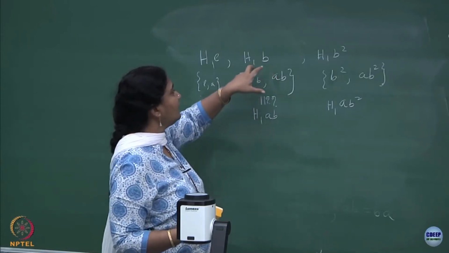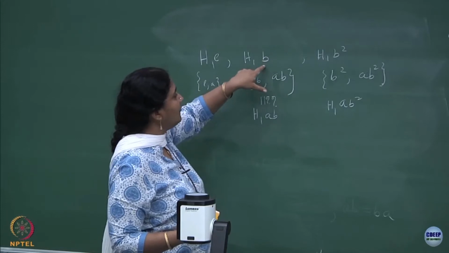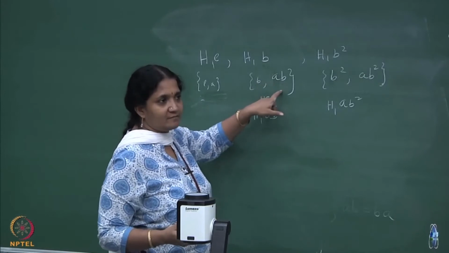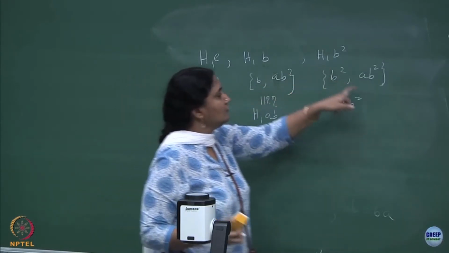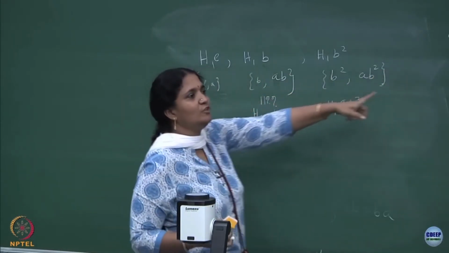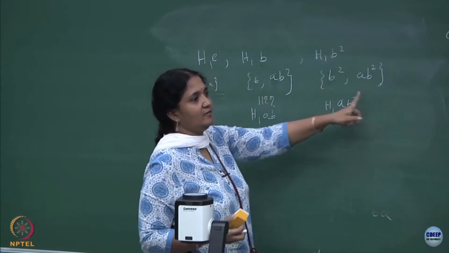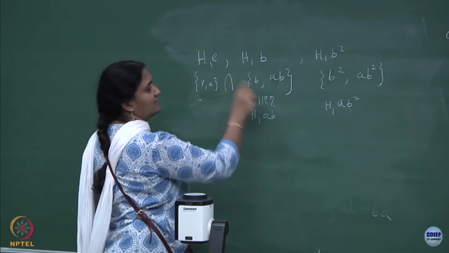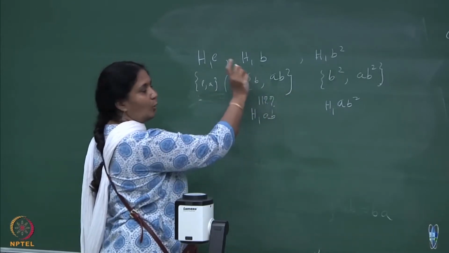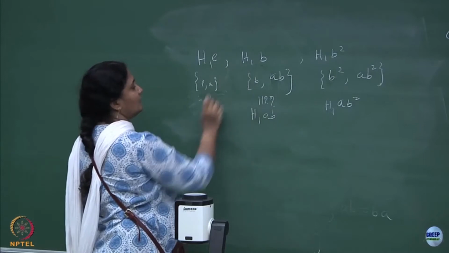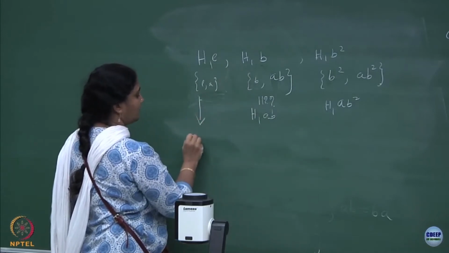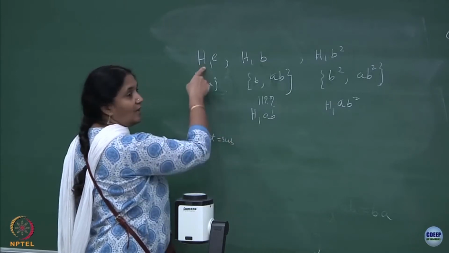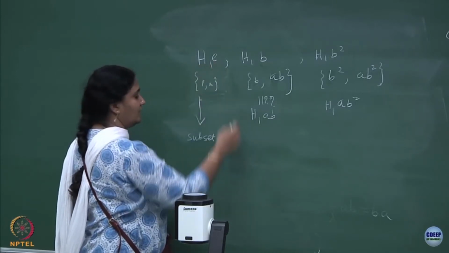Suppose I did B or I did with another element in that set, I get back the same set. They are not talking to each other, they are disjoint sets, okay. So, this intersection is null always, okay.